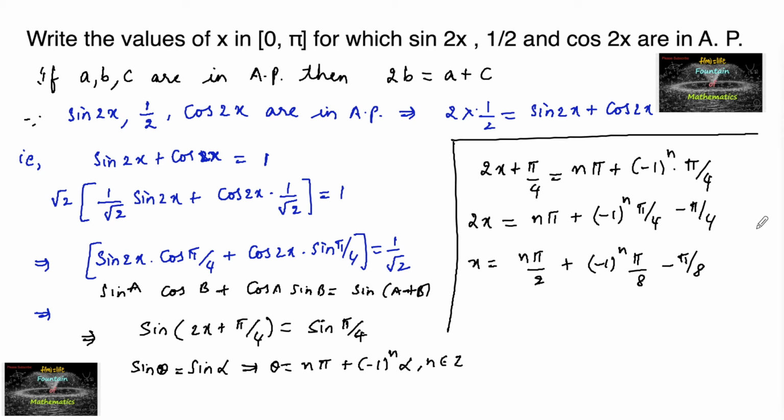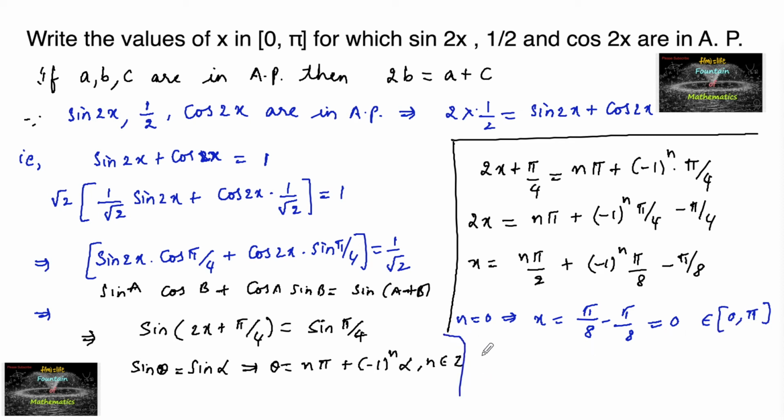Let us consider n is equal to 0. For n equal to 0, x is equal to 0 plus pi by 8 minus pi by 8, which is equal to 0. So 0 belongs to 0 to pi, so we can consider this one solution.